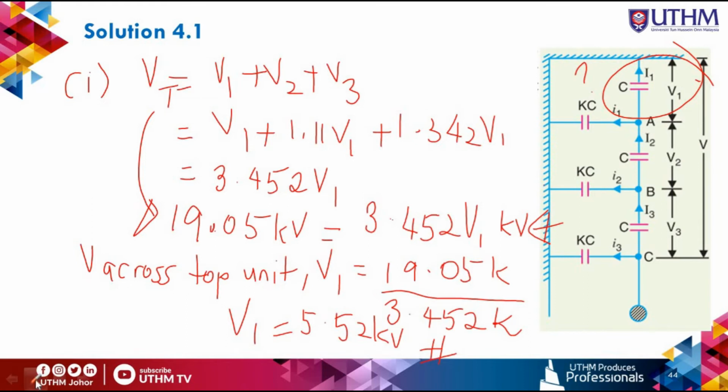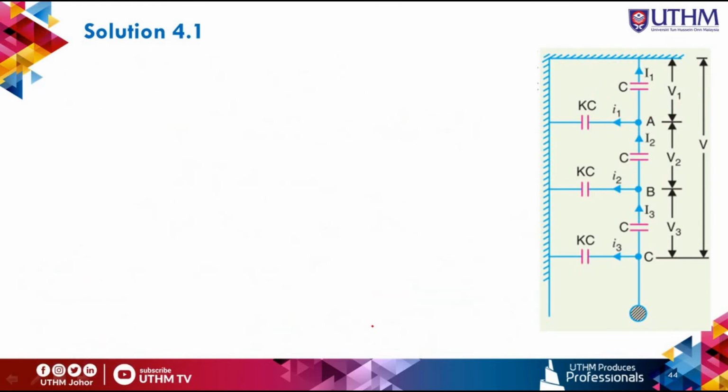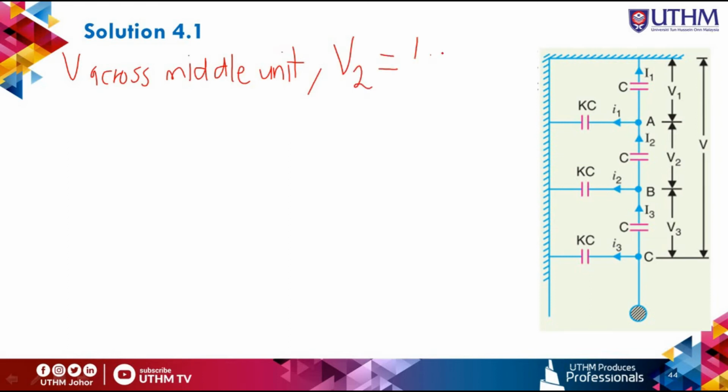Now we calculate V2, the voltage across the middle unit. From the previous equation, V2 is 1.11 V1.